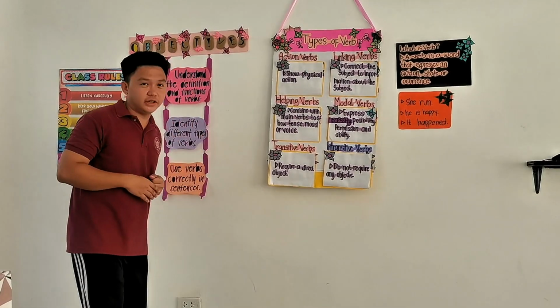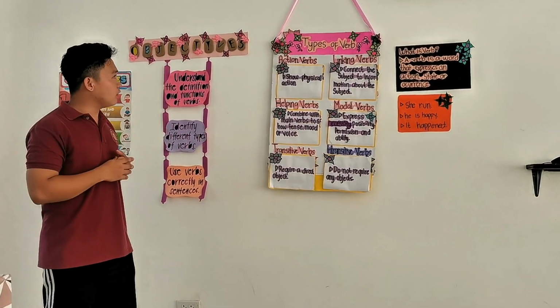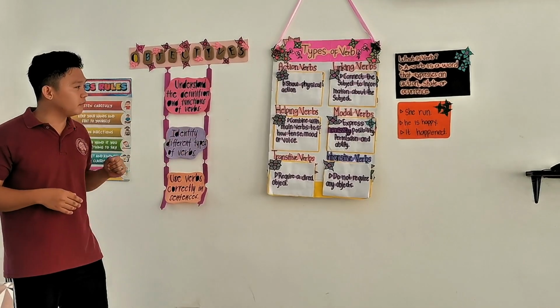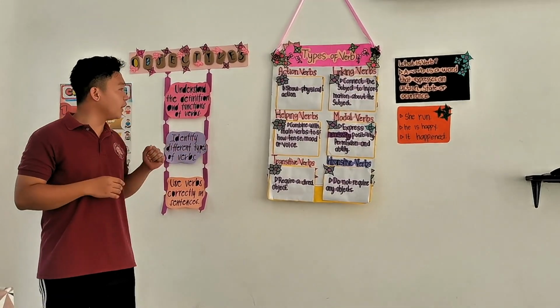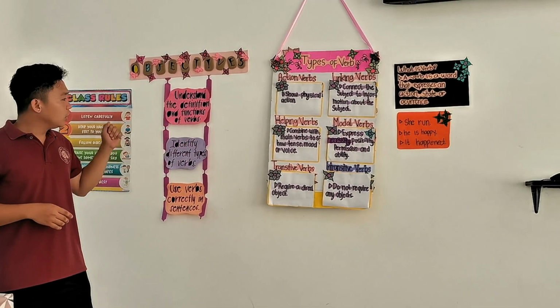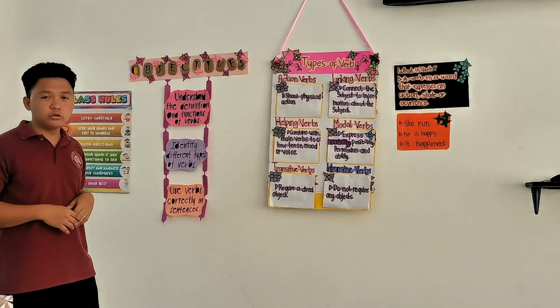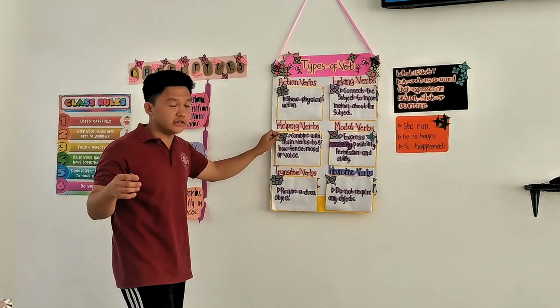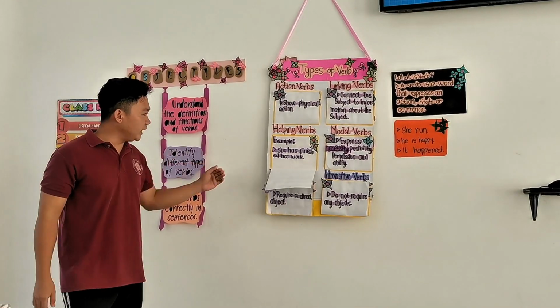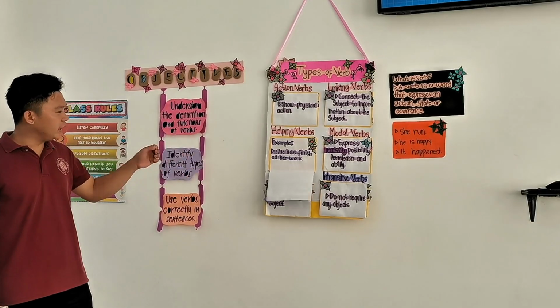So now let's proceed to the third type of verb. The third type of verb is the helping verb. The definition of a helping verb is that it combines with a main verb to show tense, mood, or voice. So here is the example: she has finished her work.